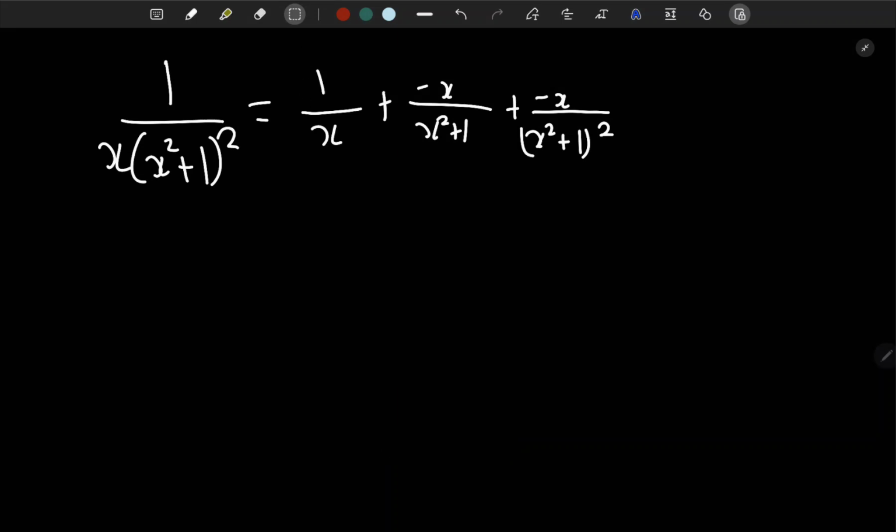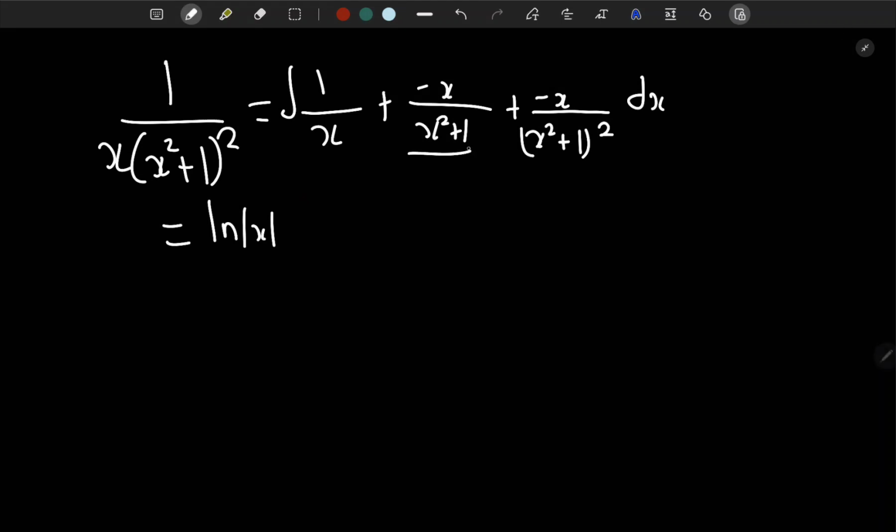So integration of 1 over x minus x over x squared plus 1 and so on dx. So the first one is pretty simple. This is going to be ln of the absolute value of x.